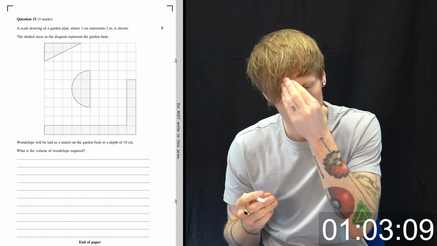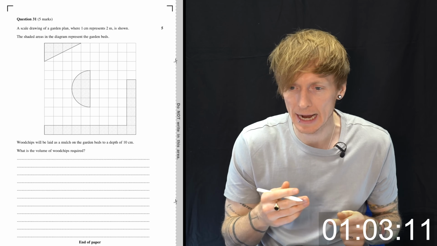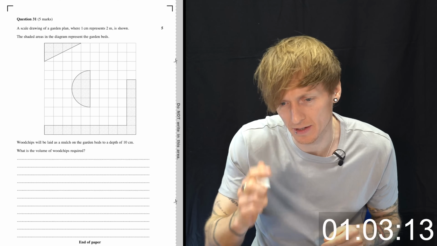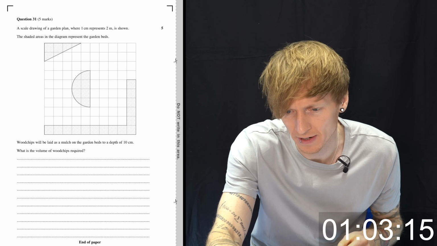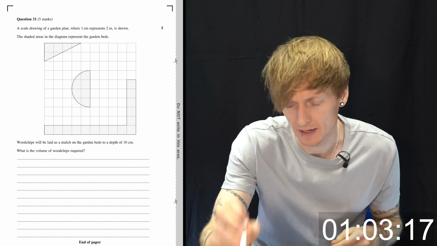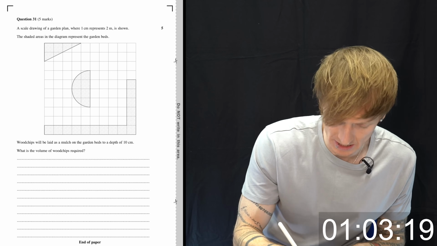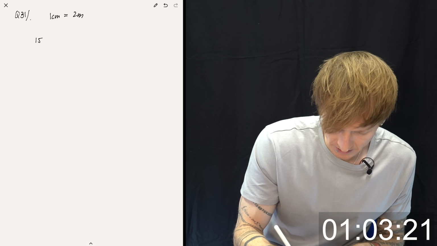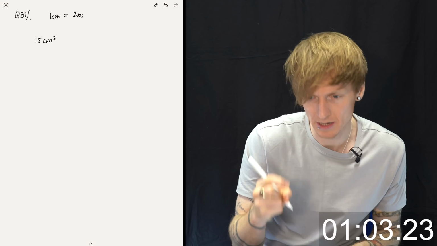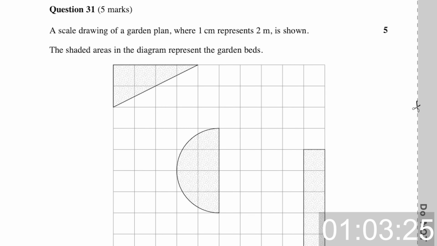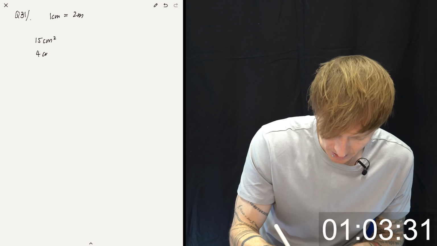Okay. So let's start with the L-shaped bit. So there's, are they 10, 3, 4, 5, 6, 7, 8, 9, 10. Okay, so that's 15 centimeters squared for the L. The triangle is 4 by 2 is 8 divided by 2, so it's 4 centimeters squared.